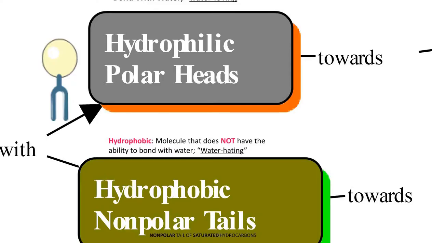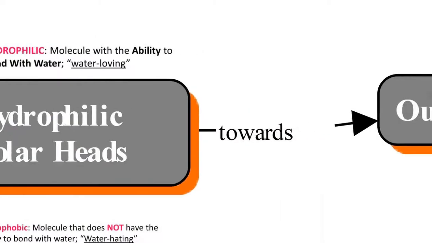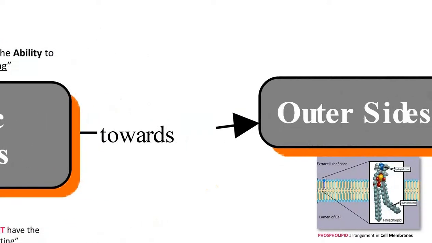So the molecules present in this lipid layer have hydrophilic polar head regions as well as hydrophobic non-polar tail regions. The hydrophilic polar head regions are present towards the outer side.